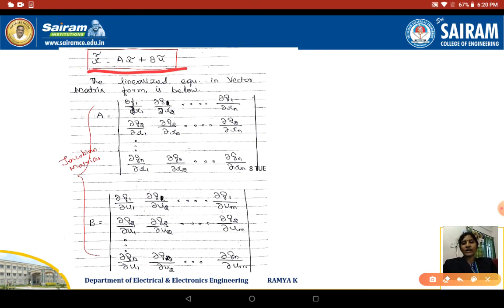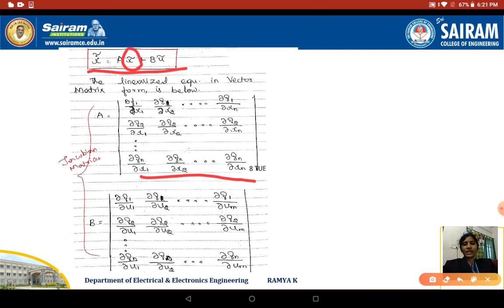So we can write it as a function of the partial derivatives, that is a function of x1, x2, x3, x4, and it goes on till xn. So similarly, we have n state variables, that is x ranges from 1 to n. So we can write it as ∂fn/∂x1, ∂fn/∂x2, and ∂fn/∂xn.